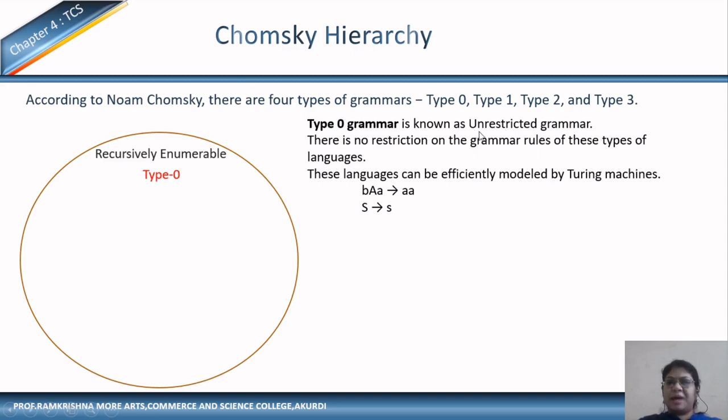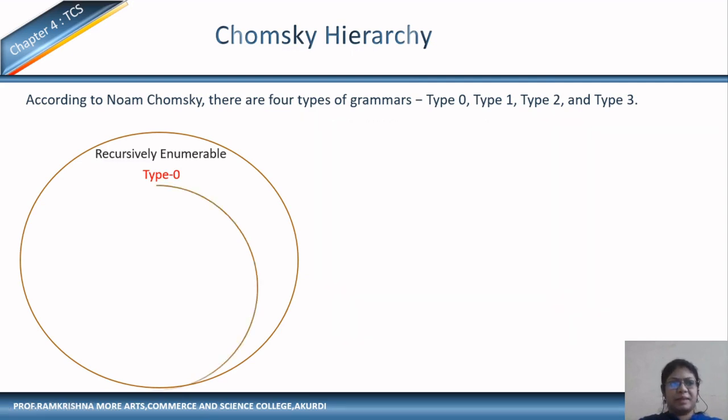It is called unrestricted grammar because there are no restrictions on the grammar rules of this type of language. It means LHS and RHS can be made by any combination of terminals and non-terminals. There is no restriction on how the LHS is written or how the RHS is written. The only compulsory rule is that on the LHS, one symbol from the non-terminal set should be there. These types of grammar are accepted by Turing machines.